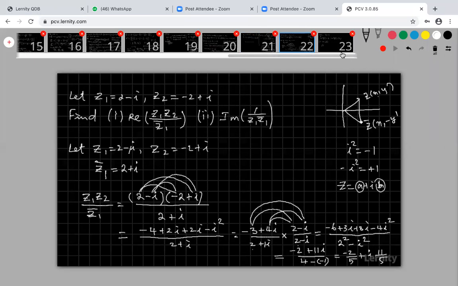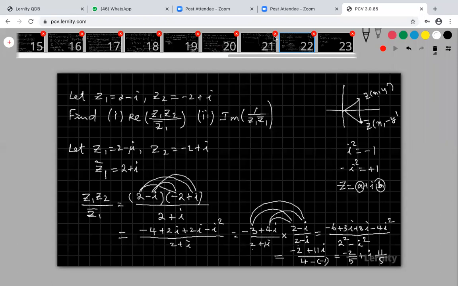So the imaginary part is 0. Why? What is the real part? Real part of 1 by Z1 into Z1 bar, what is the answer? What is the real part? Yes, 1 by 5 is correct.